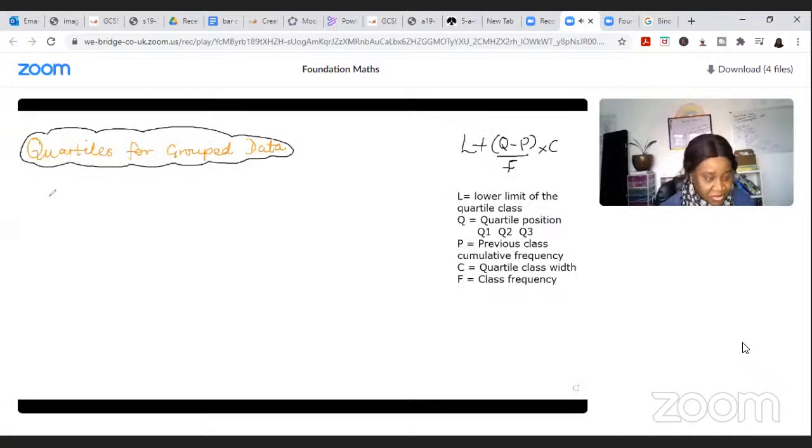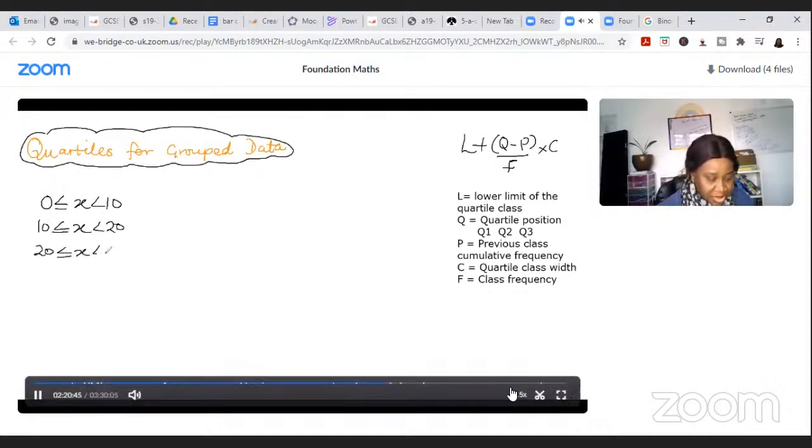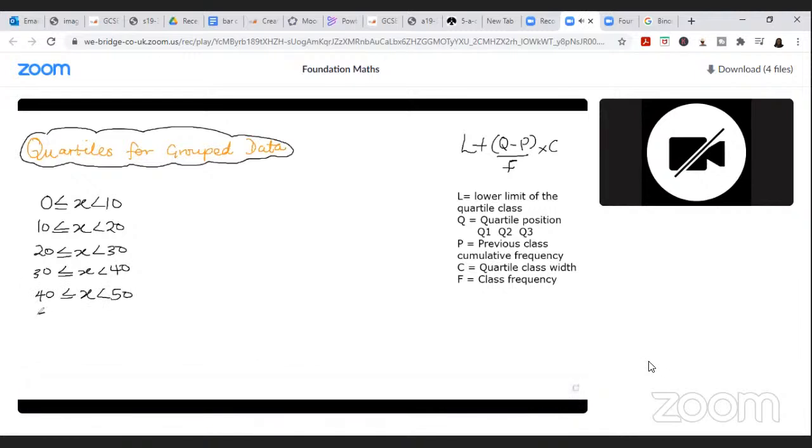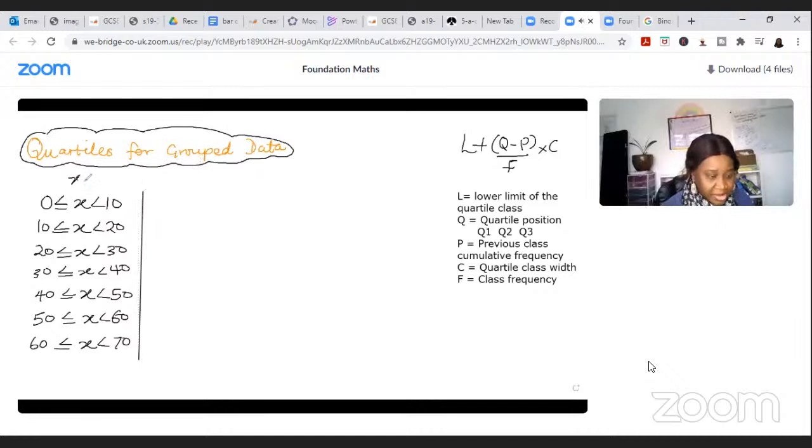Let's say we have 0 is less than or equal to x is less than 10, then 10 is less than or equal to x is less than 20, and so on up to 40. Here I have x, the weight in kilograms, and then I have the frequency.